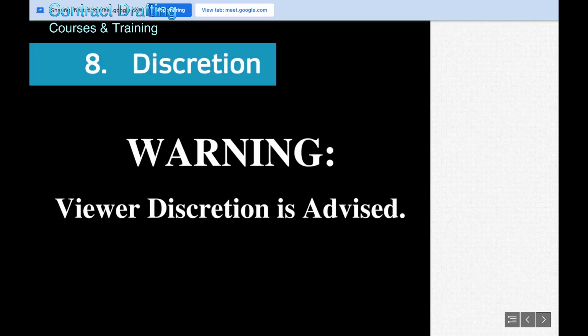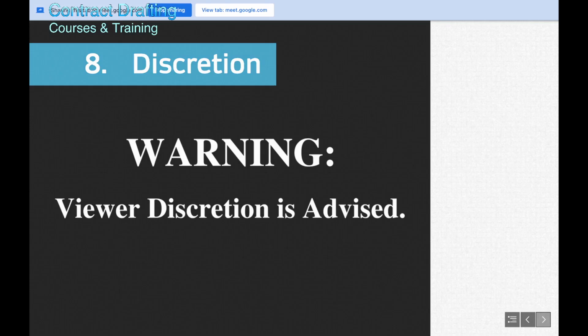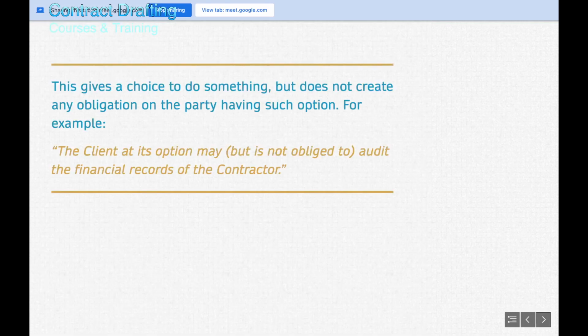Then there is the language of discretion. Discretion is again an optional choice. It is not creating any obligation on whoever has this option. So, for example, in a distribution agreement, you are allowing the distributor to sell the products in a certain territory, but you are not sure if they are meeting the targets and keeping the records, then you can have an option to audit the financial records of the contractor.